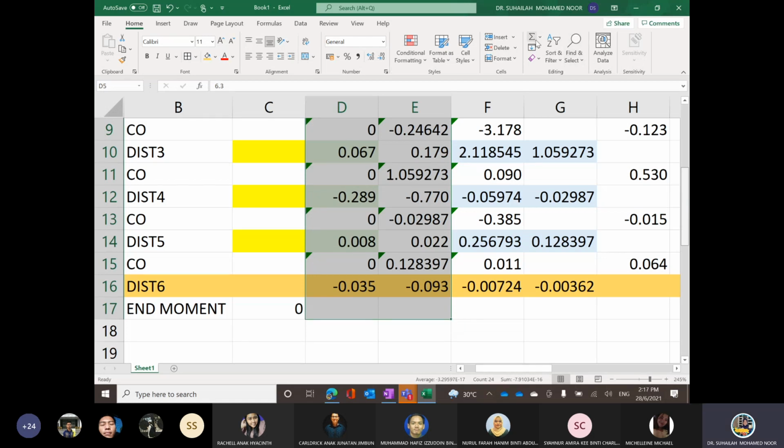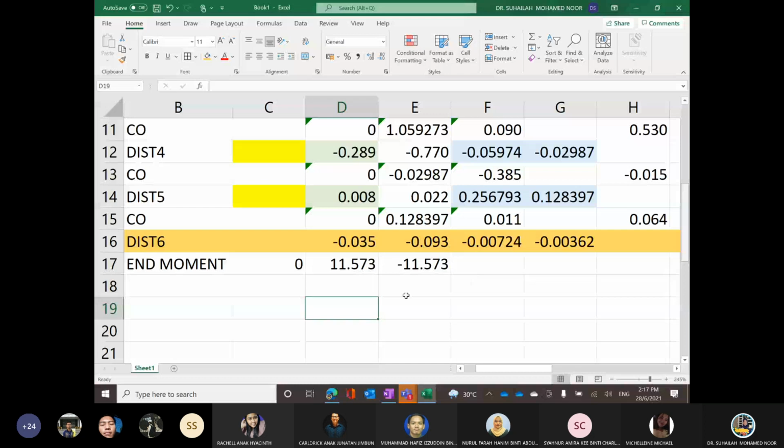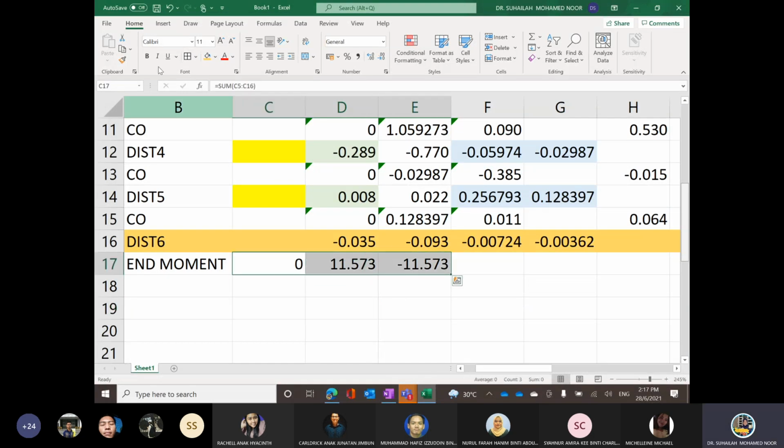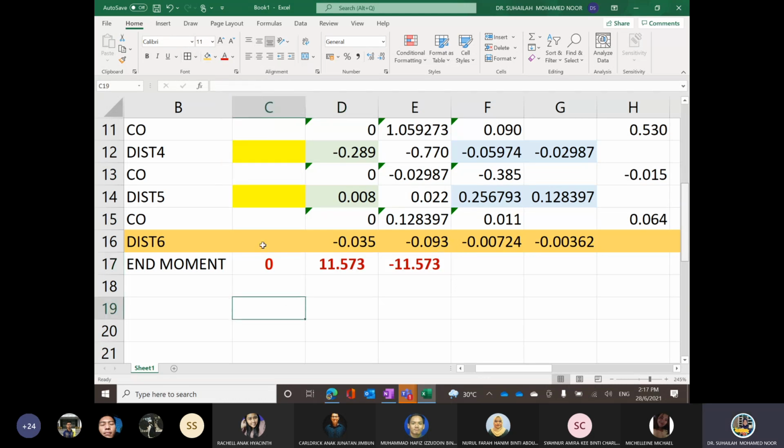So the total is 1 positive, 1 negative. Okay, clear?